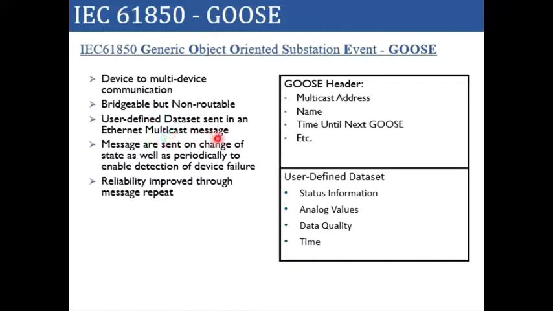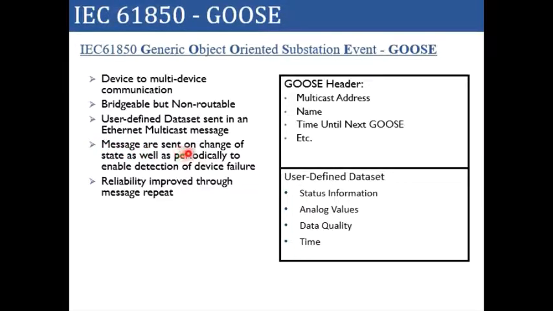So multicast means the device which is generating the GOOSE will broadcast that message to the network within the substation. So inside the substation, whoever is subscribing to this message will be able to receive the data broadcasted by the device. So what kind of messages are being sent?